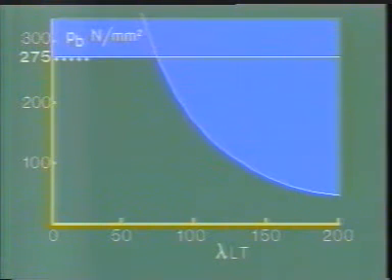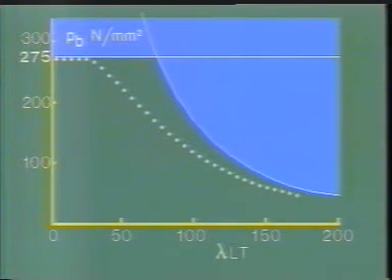But for intermediate values of lateral torsional slenderness, where plasticity and instability interact, the values of design strength represent a realistic, safe solution, with the reduced material bending strength being lower than the yield strength and also below the instability curve.